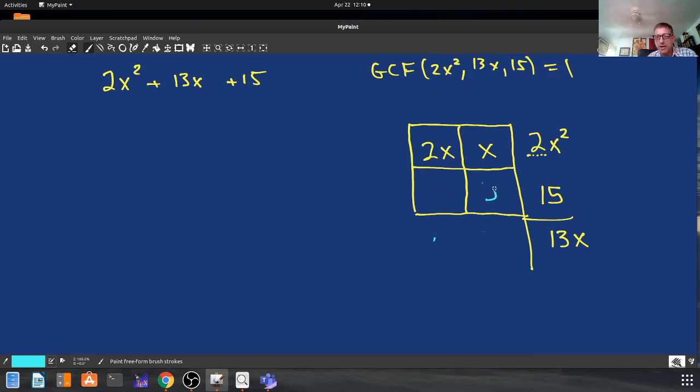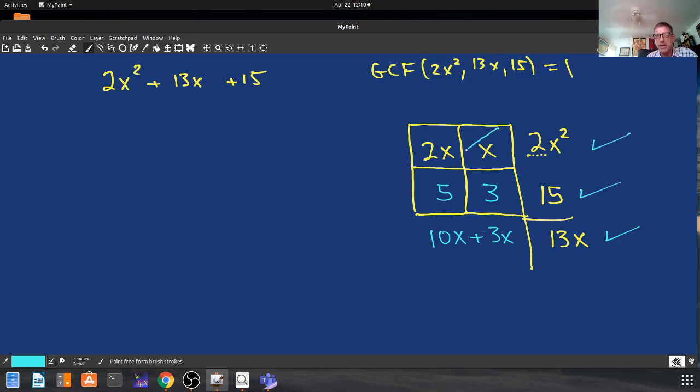So let's try 5 and 3. Well, 2x times 5 is 10x, and 3 times x is 3x. Okay, not so bad. 10x plus 3x is 13x. 5 times 3 is 15, and 2x times x is 2x squared.